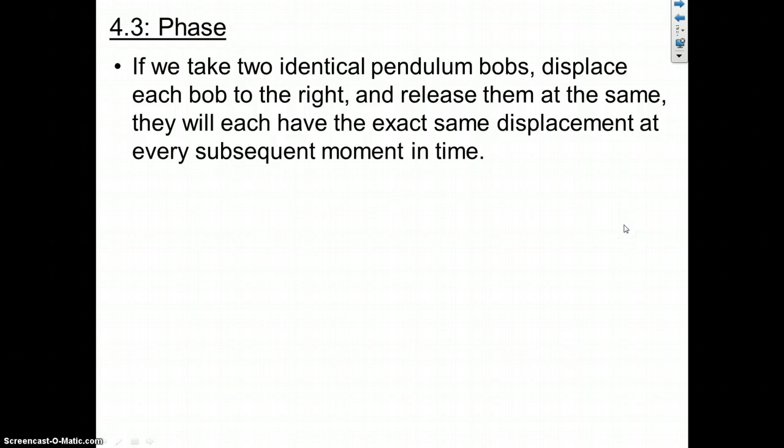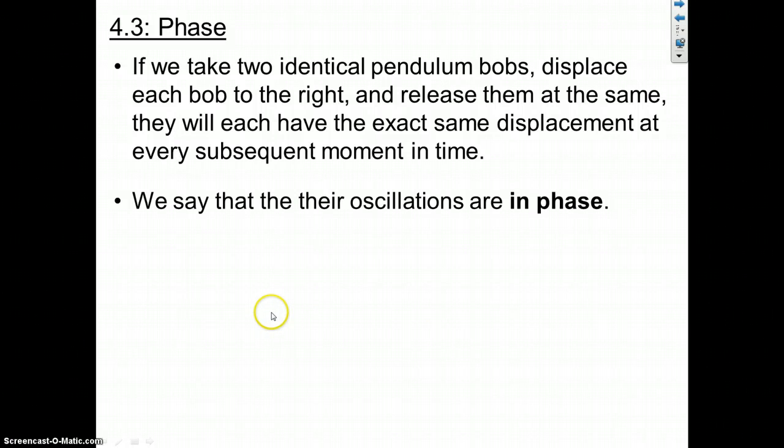Right? The bobs and the pendulums are identical, they have the same length, they have been taken from the 0 point at the same displacement. So everything is the same. Gravity acts the same. The tension is the same, everything. We say that their oscillations, the oscillations of these two systems, are in phase.